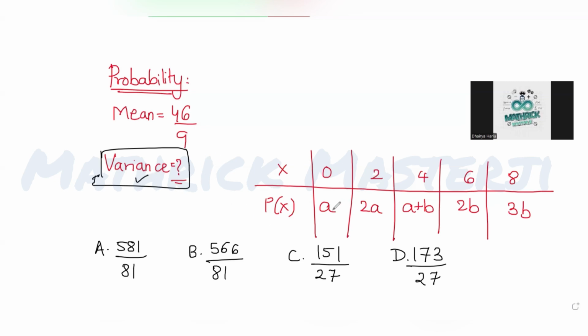Before that, first let's try to find the values of A and B. When they have given me the probabilities for different values of X, the total probability always has to be 1.